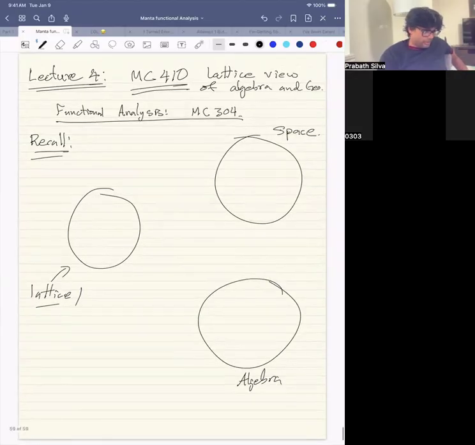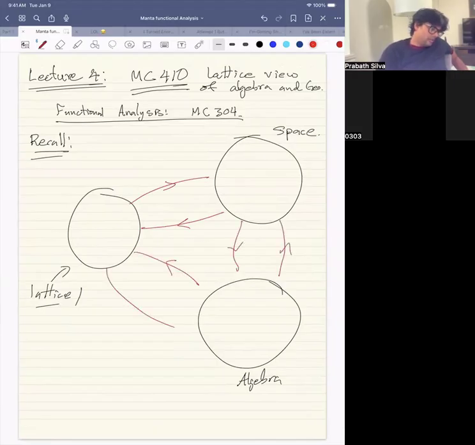We are planning to go back and forth between these different viewpoints, and we'll have basic maps, like 6 of them, and if you have more structure, can you bring it to the other side with more structure? That's the plan of the game.